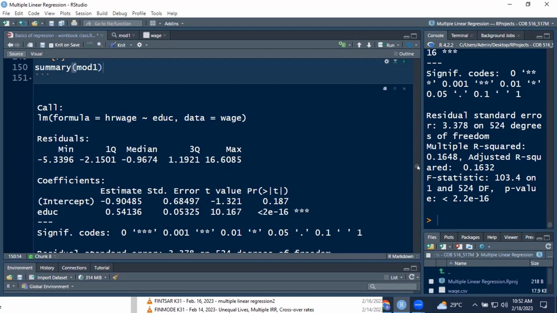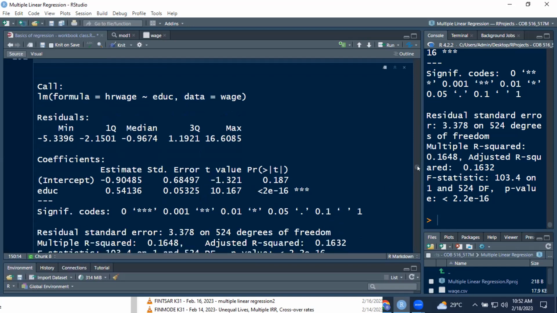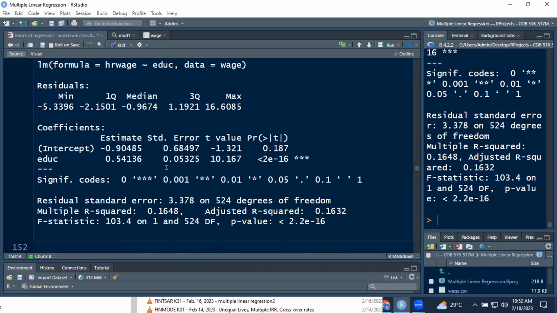Okay. Then we have here, what's this? This is now the value of your parameters. This is your beta null. Ito yung intercept natin. This is your education. And you also have here some other information: standard error, t-value, and the probability.